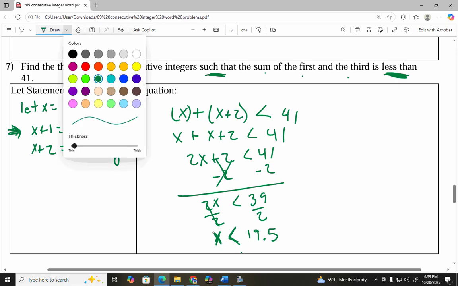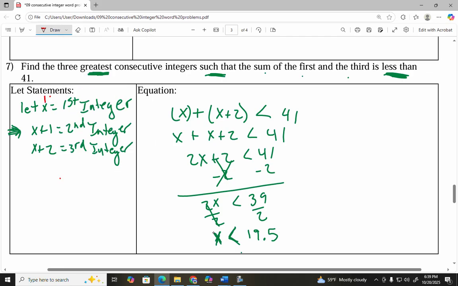So we'll go back to our let statements and say that I guess this one's a 19. Therefore, this one must be 20, and this one must be 21. Find the 3 greatest consecutive integers such that the sum of the first and the third is less than 41. So 19, oh, I made a mistake.